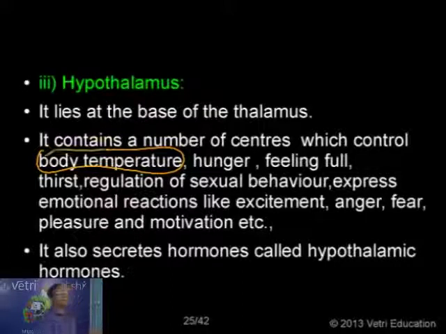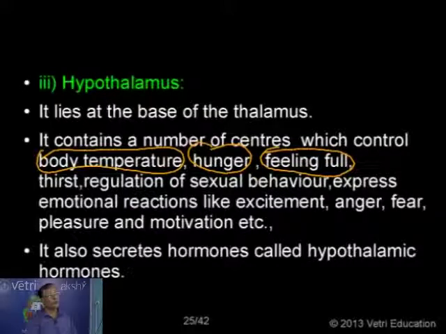Then appetite, what is called hunger. Then the satiety center. The hunger or appetite center makes you eat, and another center makes you stop eating. That is called the satiety center. Once you are feeling full, it makes you stop eating, opposite to the appetite center.